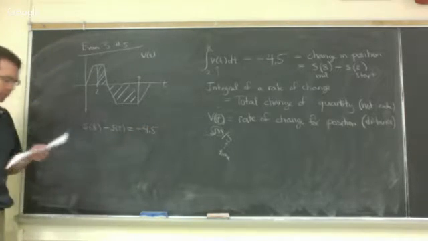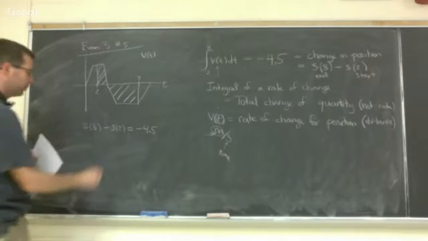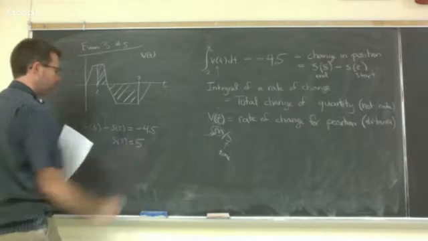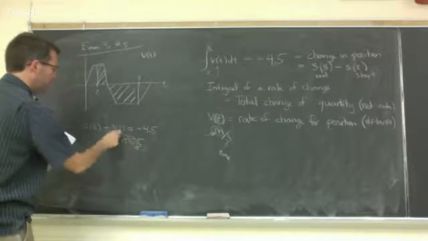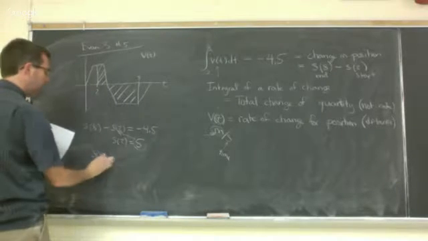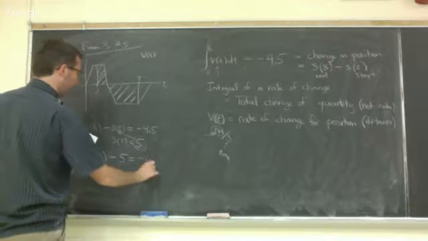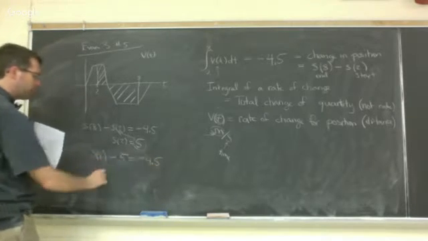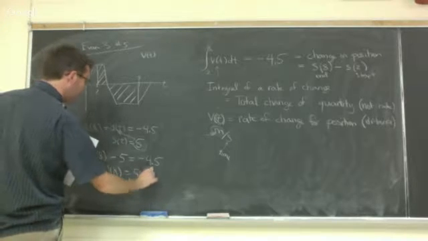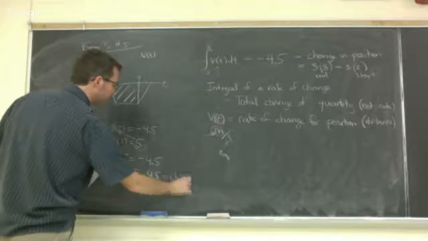I'm given that at time 2, my position is 5. So I put 5 in the formula: S of 8 minus 5 is equal to negative 4.5. I'll add 5 to both sides, and S of 8 is 5 minus 4.5. I'm at 0.5 meters.